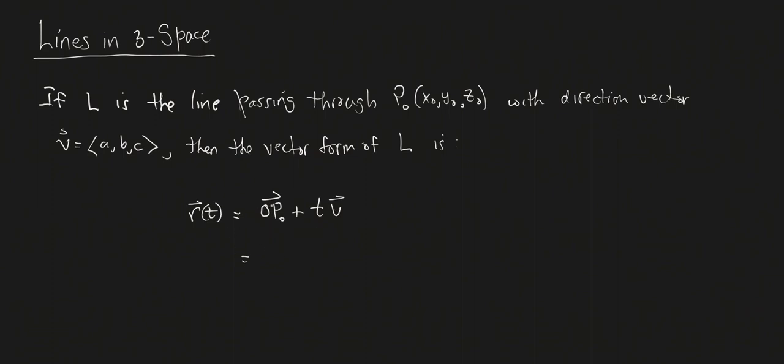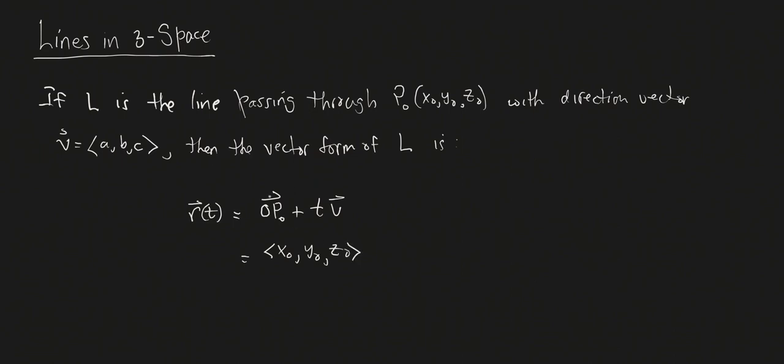The position vector OP0, since it starts at the origin, has components simply x0, y0, z0, but now we use our angled brackets to indicate that we're referring to a vector.